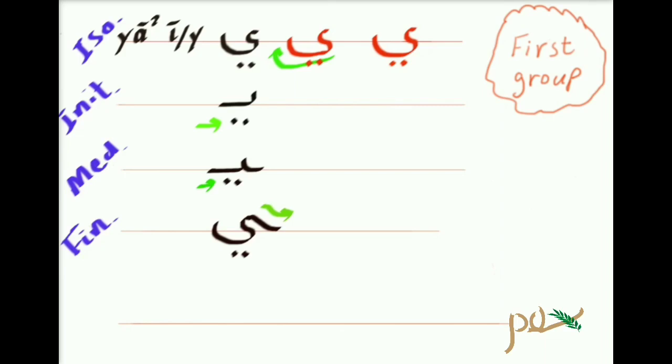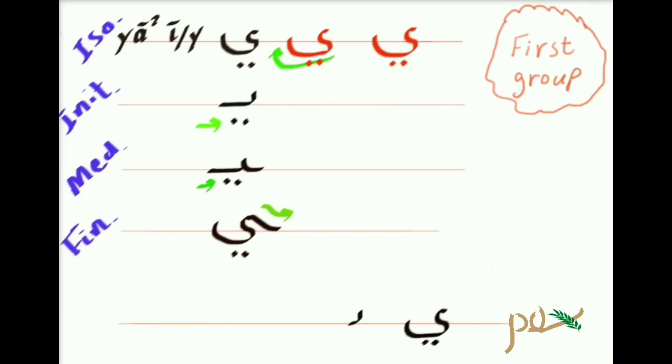Now we will repeat together quickly the writing of the letter ya. We drew a simple duck. This is the head, like the letter S. Then we will extend the curve in this way. This is the isolated form of the letter ya, with 2 dots underneath.